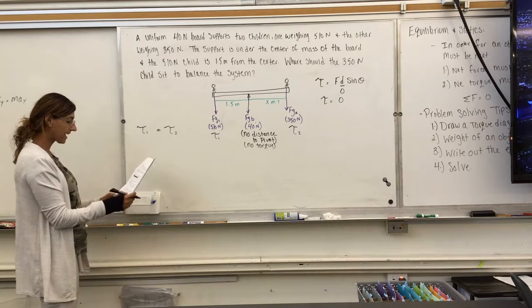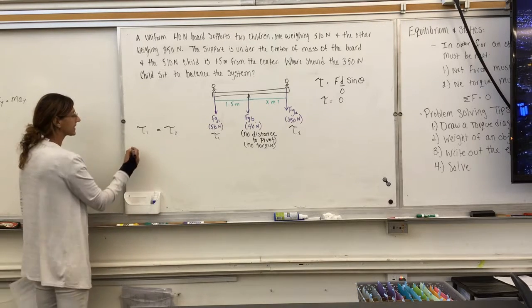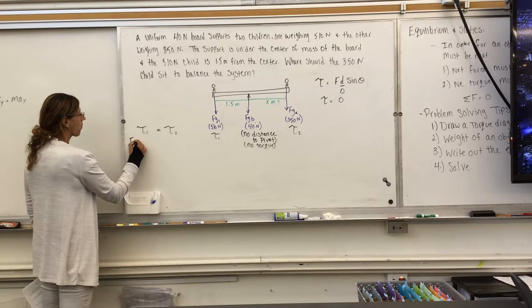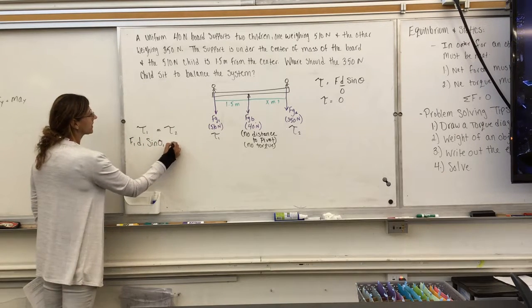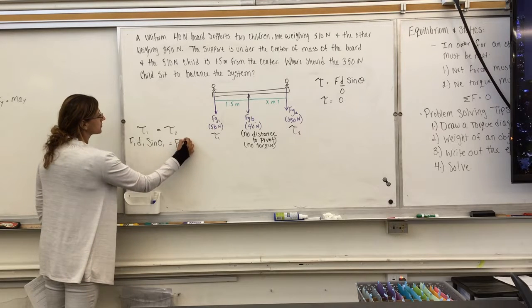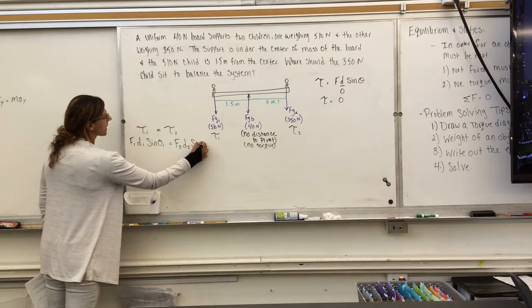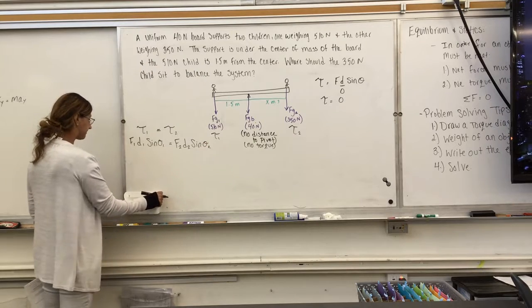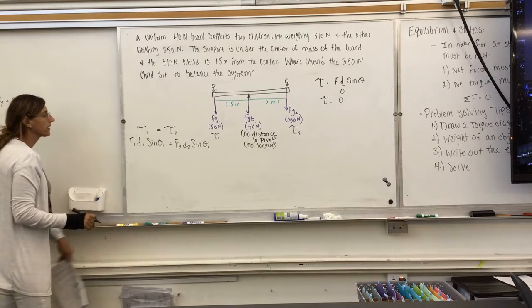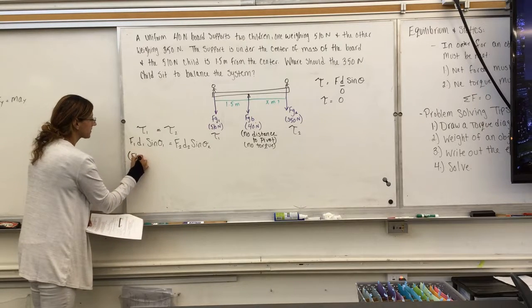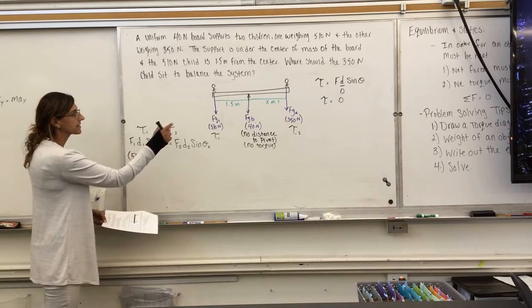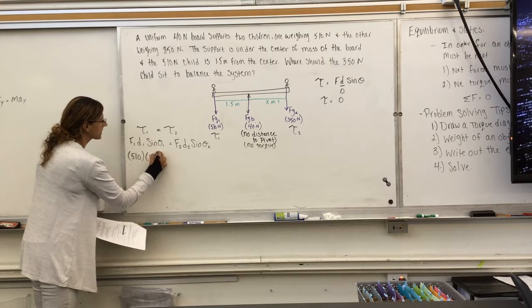So once I have that, I can plug in some values. I can say F1 D1 sine theta 1 equals F2 D2 sine theta 2. Okay. I know the force for the first child is 510. The distance is 1.5.